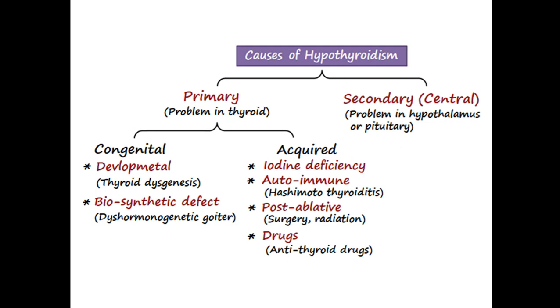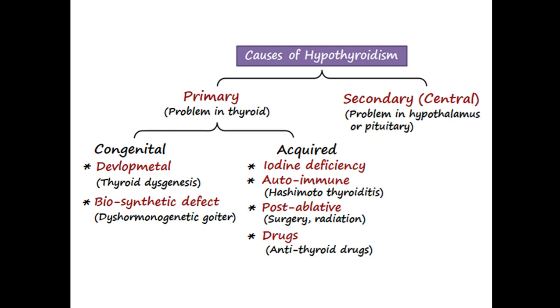Now coming to the causes of hypothyroidism, as I said, we divide them into primary and secondary causes. In primary causes, we divide the primary causes of hypothyroidism into congenital and acquired.